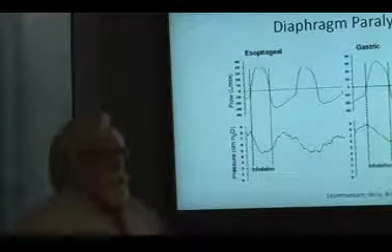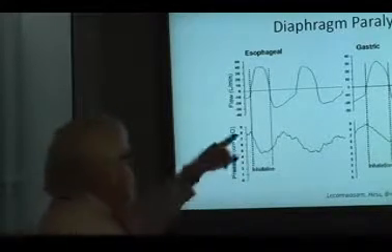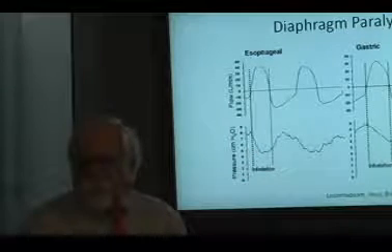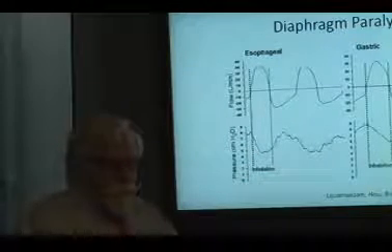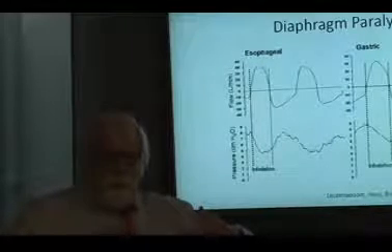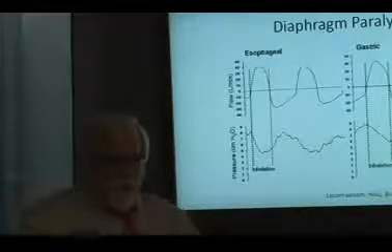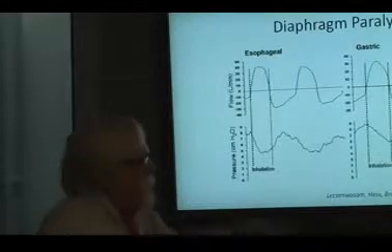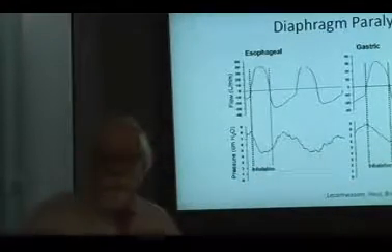Patient breathes in, the intrathoracic pressure goes down, so the esophageal pressure goes down. The diaphragm is paralyzed, so the diaphragm gets sucked up by the accessory muscles, so the intra-abdominal pressure goes down rather than going up, which is illustrated here.